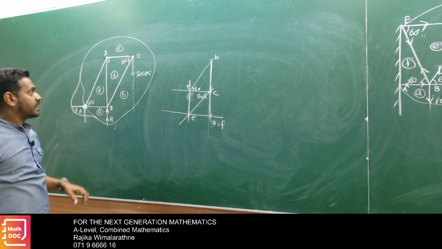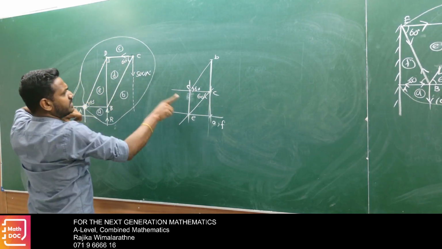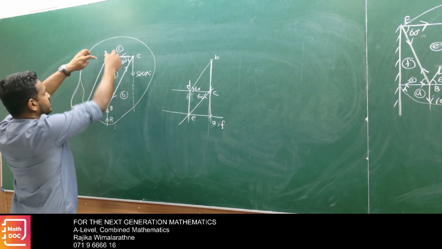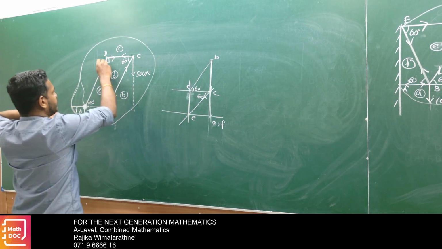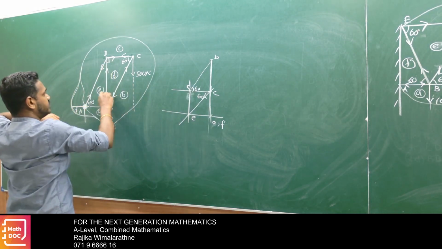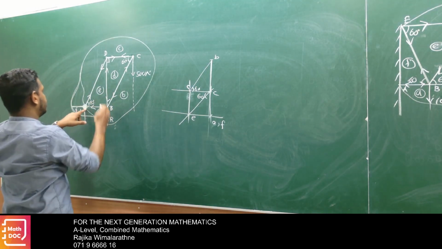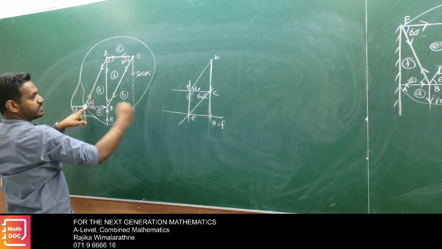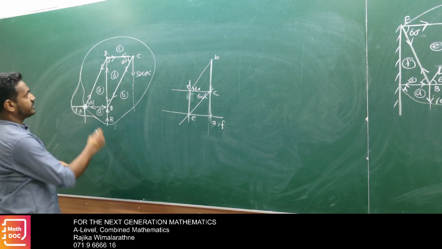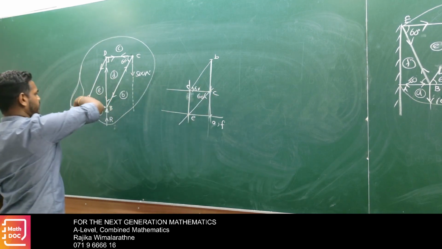Now mark the forces: CD here this way, DB here this way. Then go to this vertex, CE here this way, ED upward, EA this way. Then CF, here CF horizontal, FA vertical.